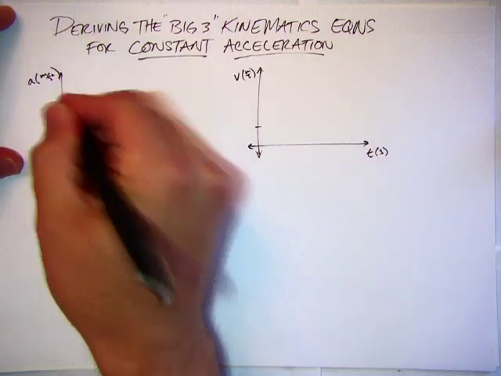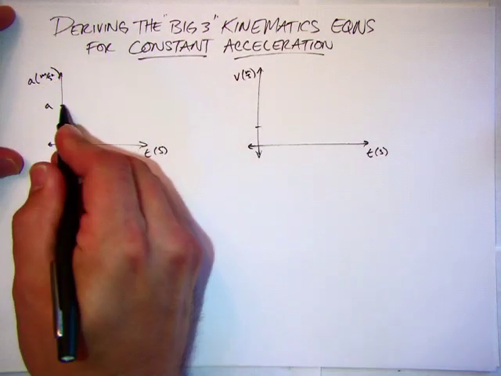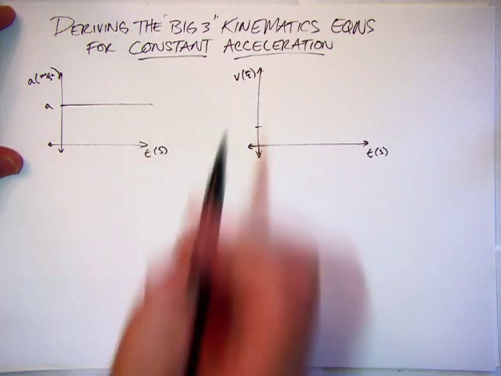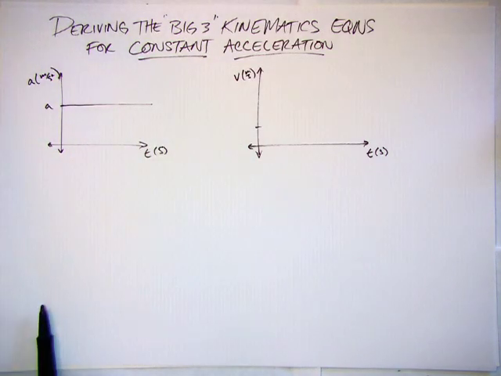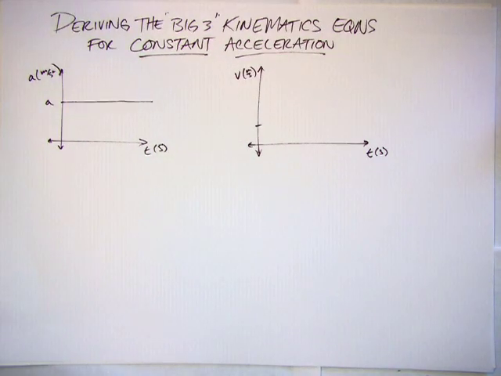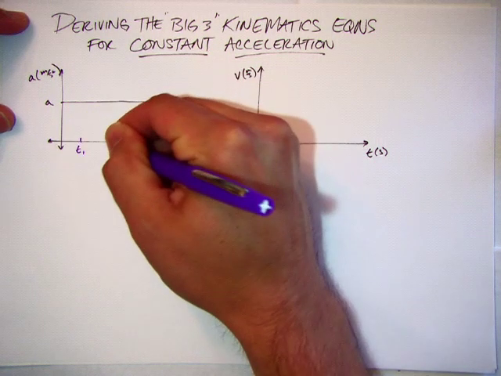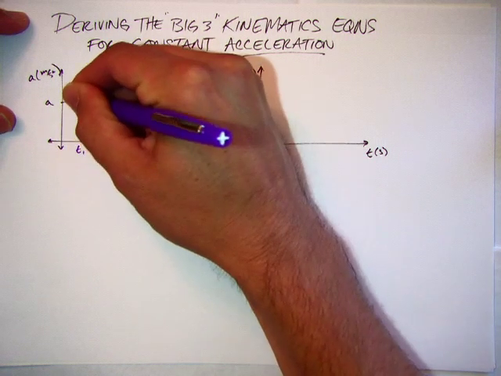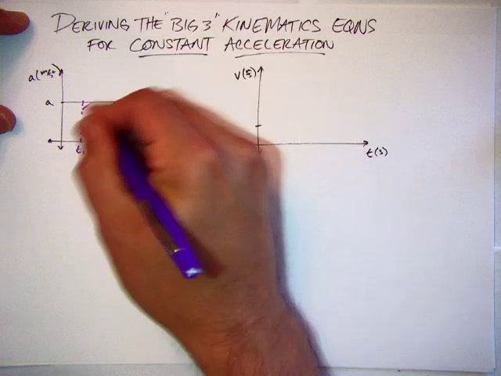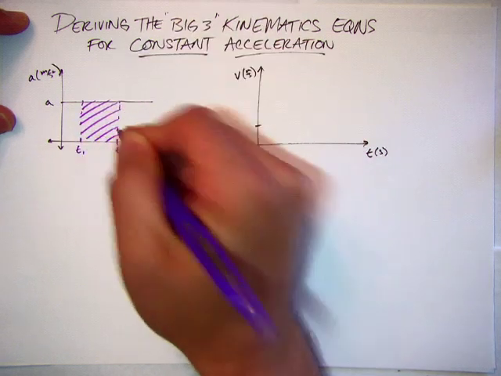Let's say my Pinto is putzing along at a constant acceleration, and we were to plot that. That constant acceleration would look like a flat line, like so. And let's say we just took a time interval from time 1 to time 2 and found the area.